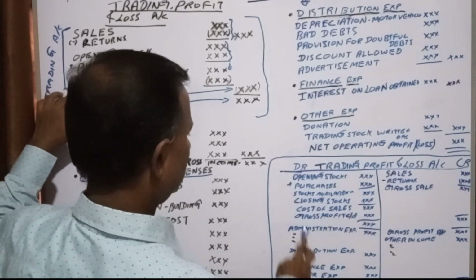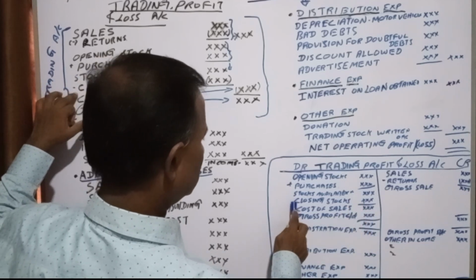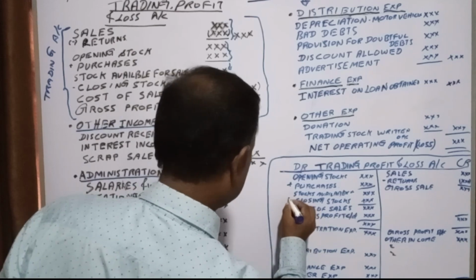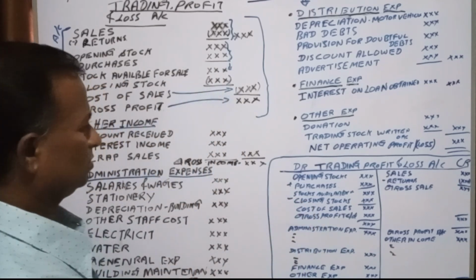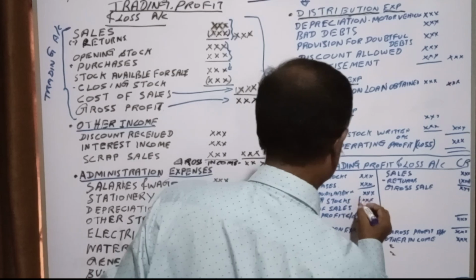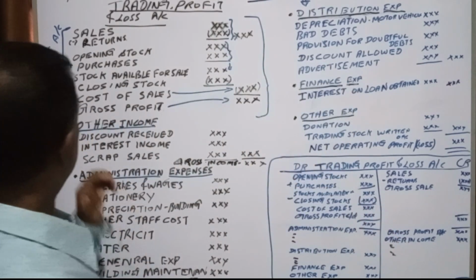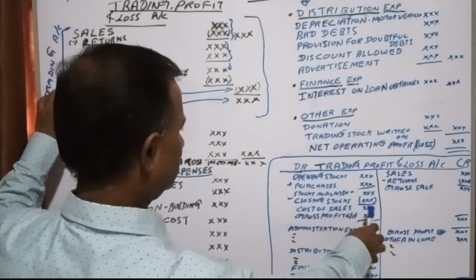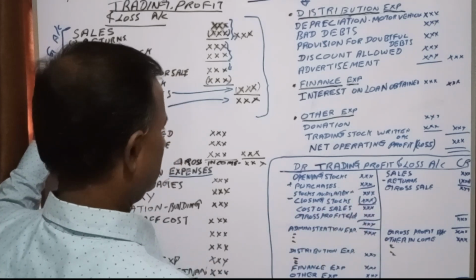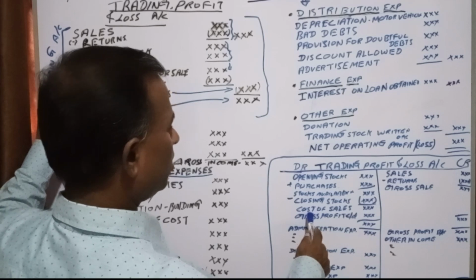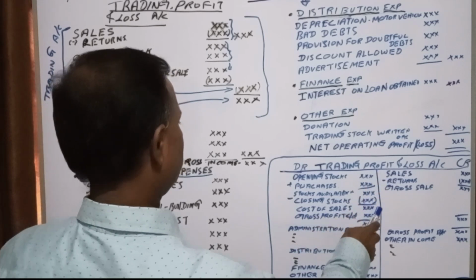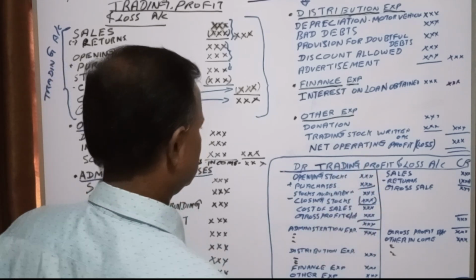And we are deducting the closing stock. When we are deducting, we will put the brackets there. When we are deducting the closing stock, then here we are arriving at the cost of sales.